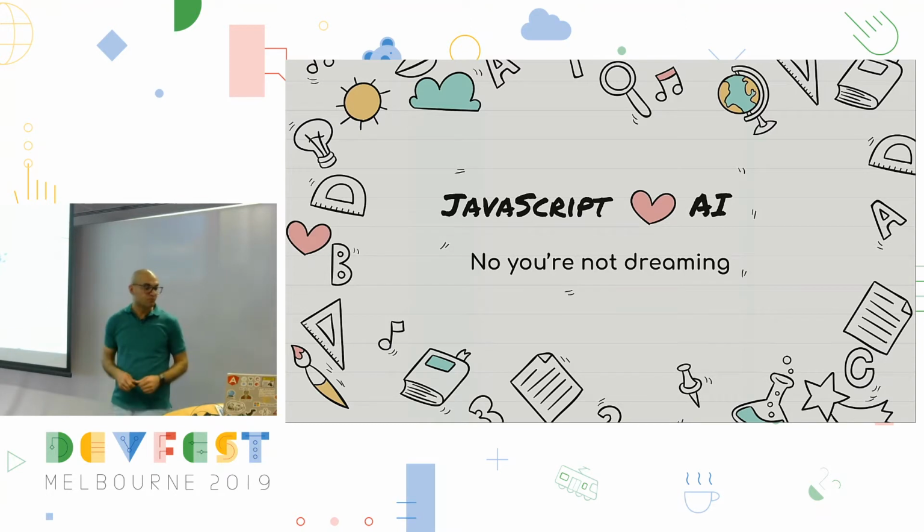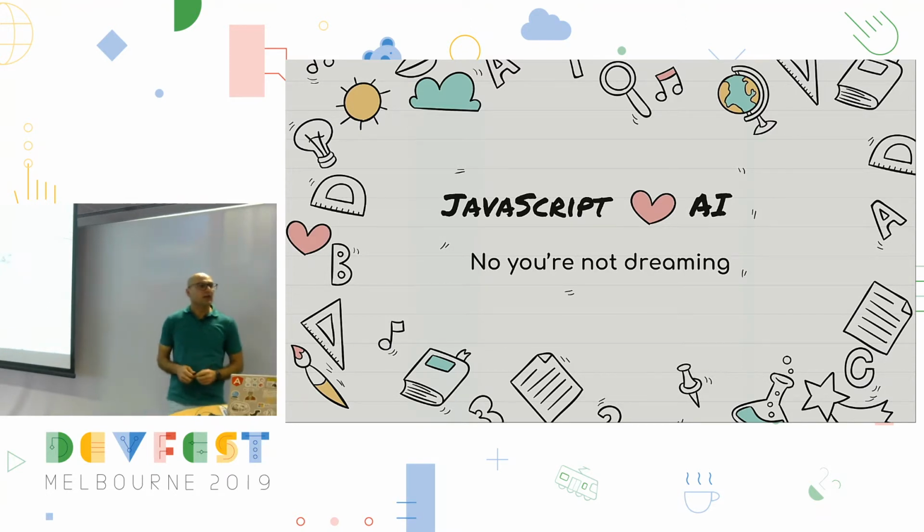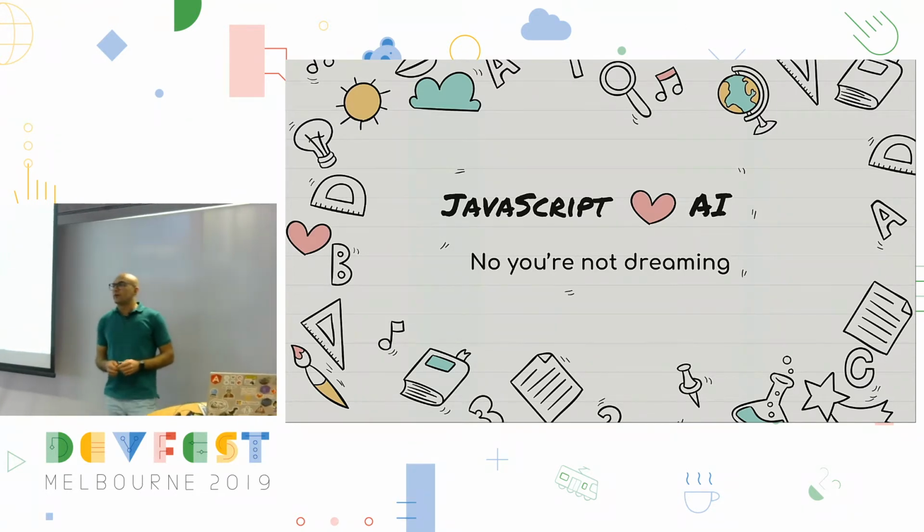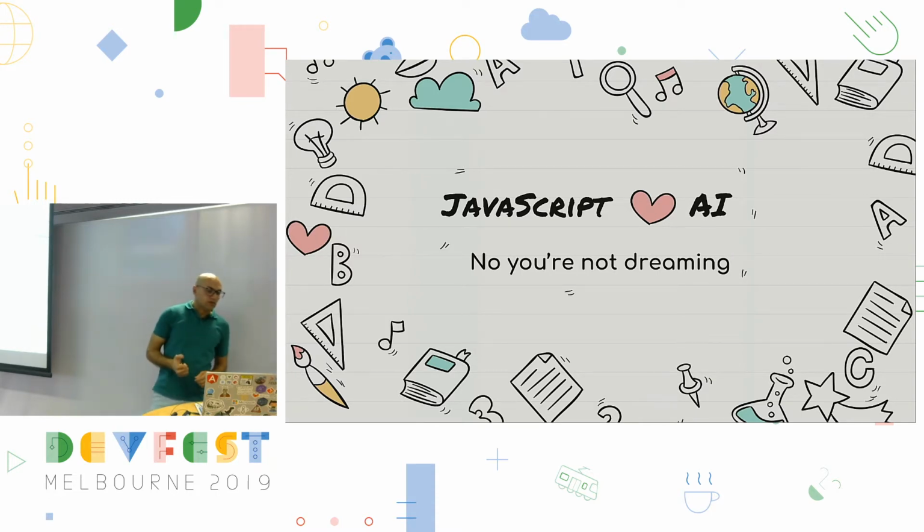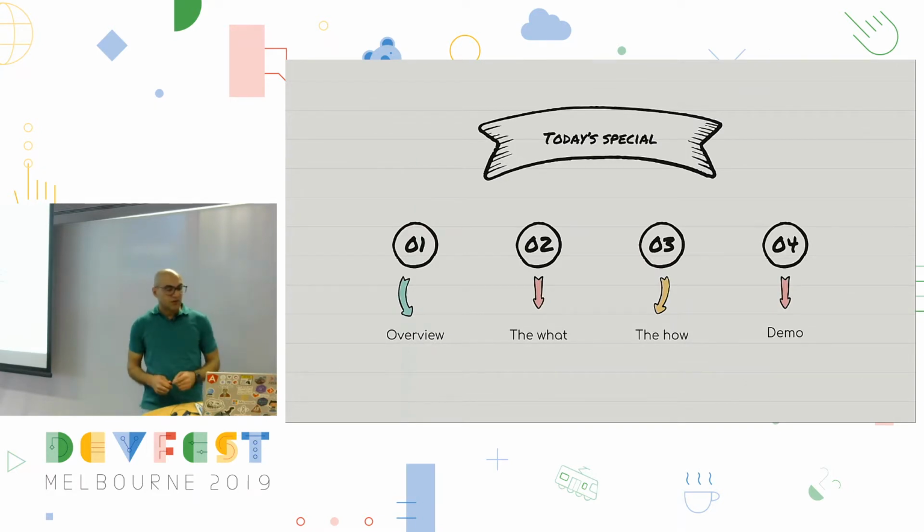So today we're going to talk about the state of machine learning and AI with JavaScript and within the browser space. We will have a bit of overview, but it's going to be very short because I don't have that much time.